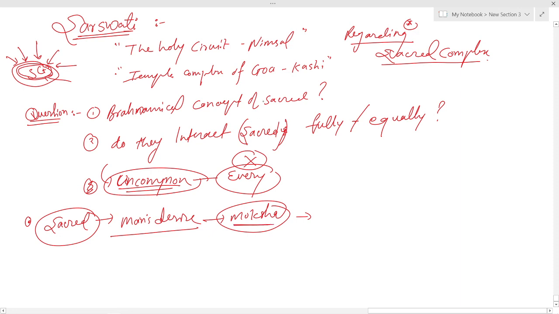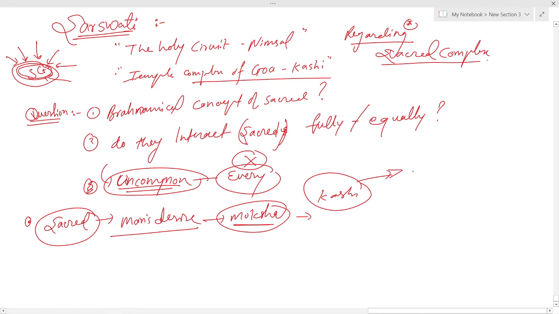In the second study, the temple complex of Goa and Kashi, particularly focusing on Kashi, he says that the sacred complex of Kashi may appear predominantly as a Brahmin concept, a Brahmin complex. It is indeed a complex of a much bigger organization of the traditional Indian civilization. When he studies Kashi, he says that this is not limited to the Brahminical concept of sacred complex.